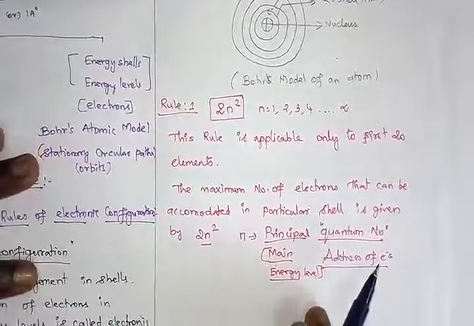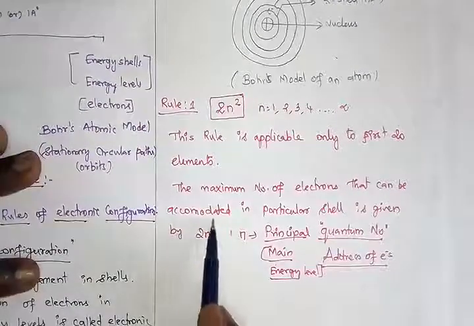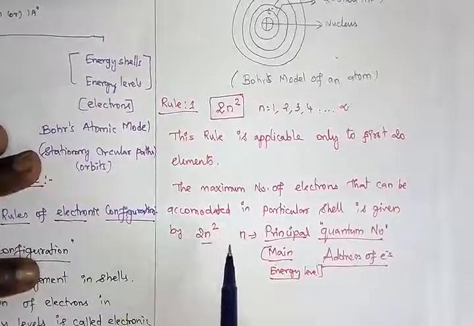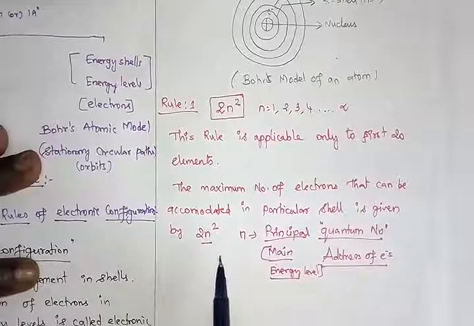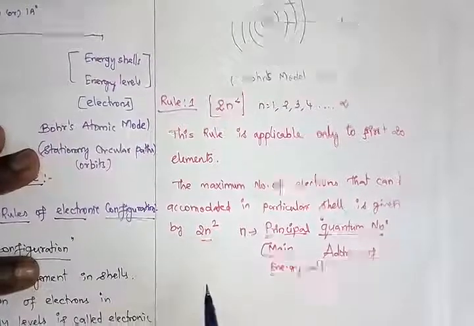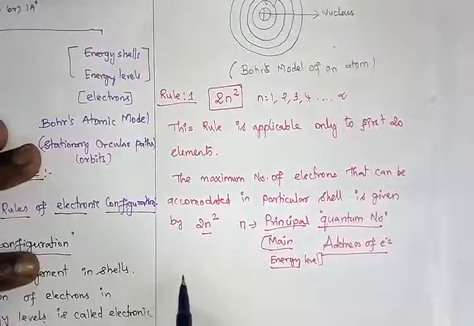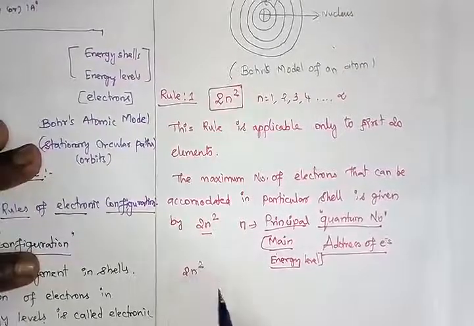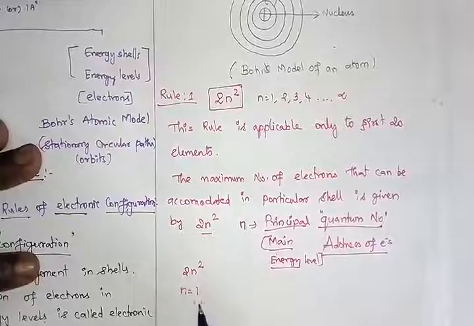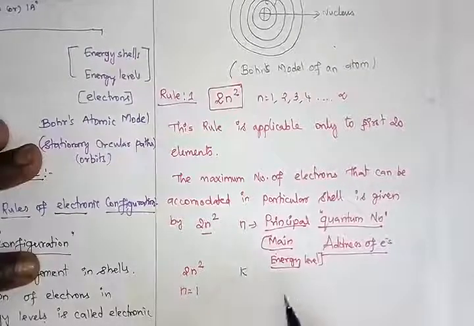So let us apply this formula, 2n squared, to find out how many electrons we can accommodate in K shell, L shell, M shell and so on. First we will go with 2n squared, where n is equal to 1, which indicates K shell.